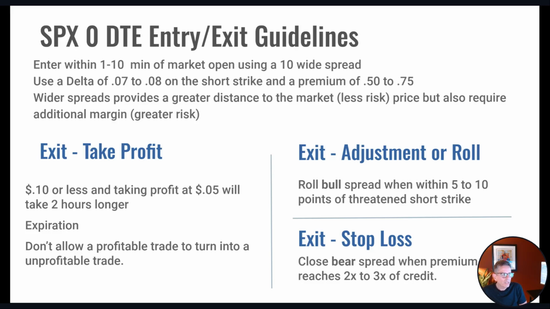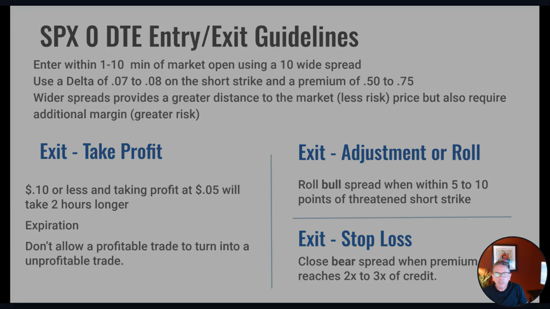Usually the market is going down when you're in that scenario, and when the market typically goes down, there's more volatility, and when you get a chance to roll that trade, it's just more manageable. On the bear spread, it's much more difficult to manage those trades.